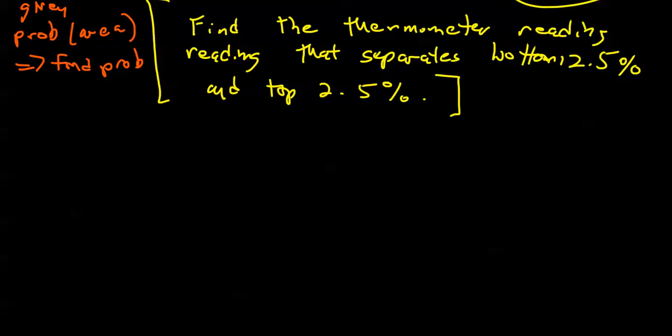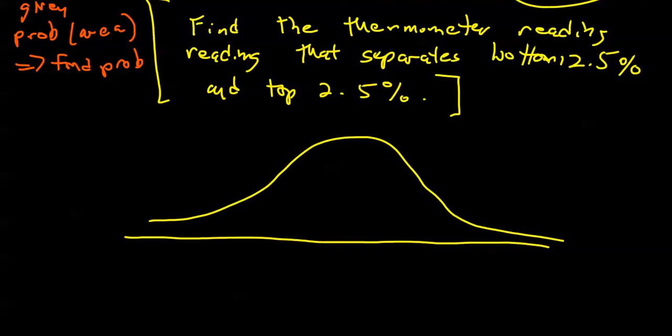Alright, never hurts to draw a picture in these situations. Let's draw a standard normal curve. Z is a standard normal, bell-shaped curve with a mean of 0 and a standard deviation of 1. I'm looking for 2 readings here. I want to separate the bottom 2.5%.